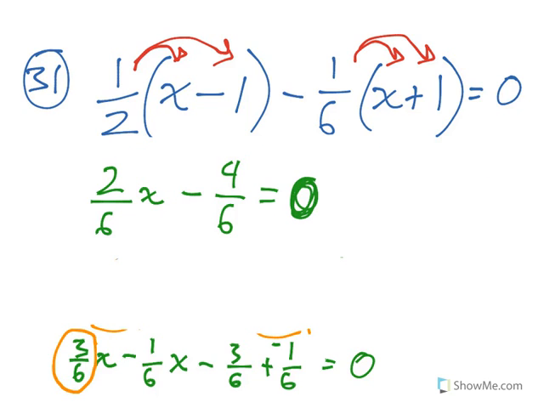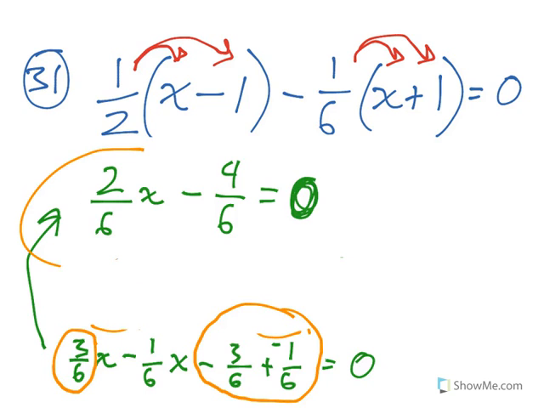Remember, negative 3 minus 1 is the same as negative 3 plus negative 1, which is negative 4. So this is where we are right here.